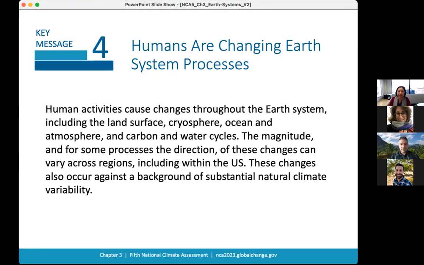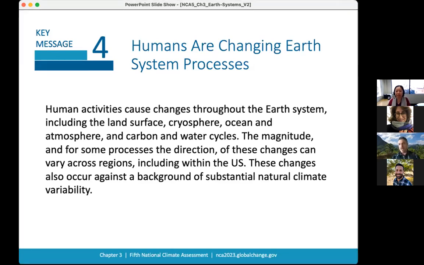Okay, so key message 4. This is when we get to some of the processes that are being changed due to human influence on the climate system. Human activities cause changes throughout the Earth system, including the land surface, cryosphere, ocean and atmosphere, and carbon and water cycles. The magnitude, and for some processes the direction, of these changes can vary across regions, including within the US.